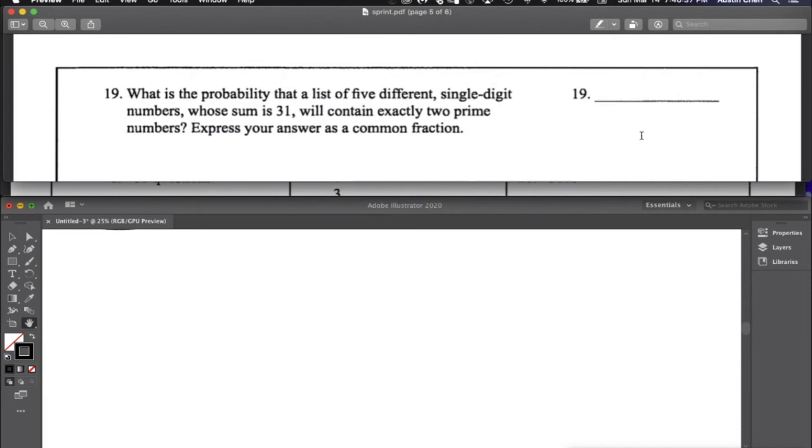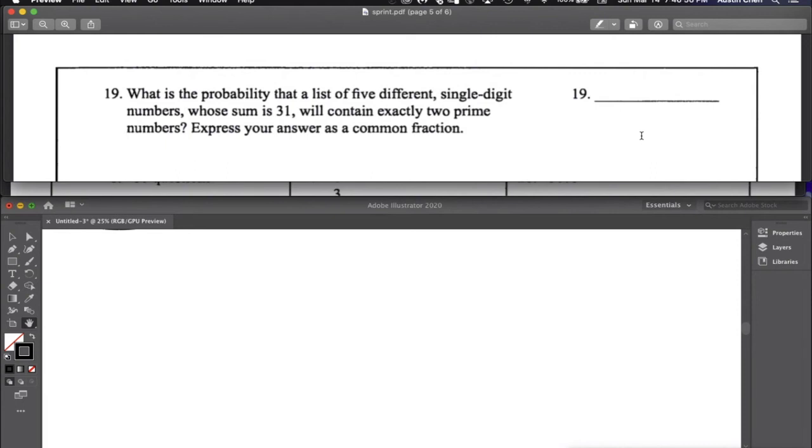We thought this was kind of weird because there's not really any relation for listing 5 different single-digit numbers so that the sum is 31, especially looking at the probability that they have 2 prime numbers.